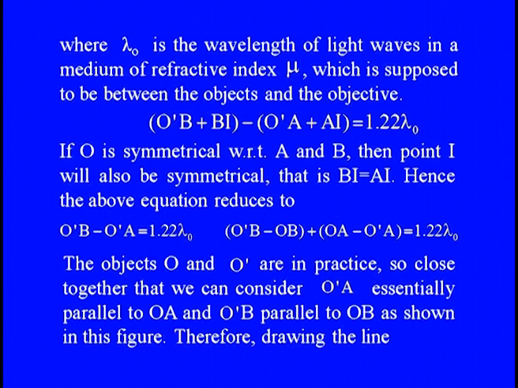Hence, the above equation reduces to O prime B minus O prime A equal to 1.22 lambda. This equation we can also write as O prime B minus OB plus OA minus O prime A equal to 1.22 lambda.